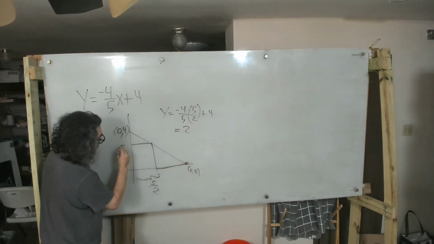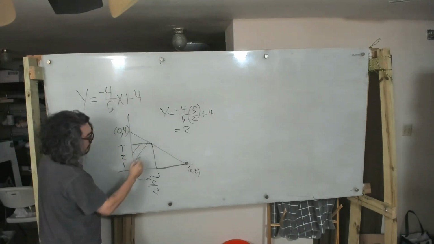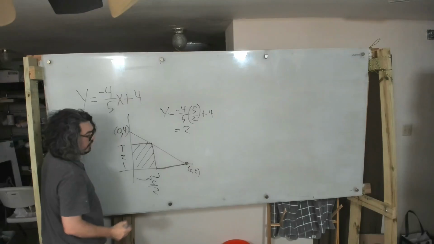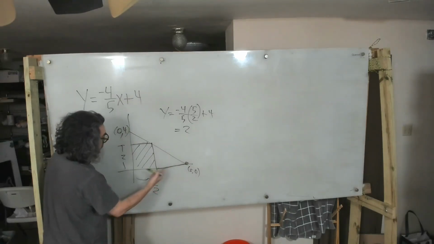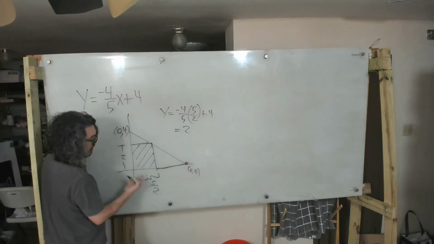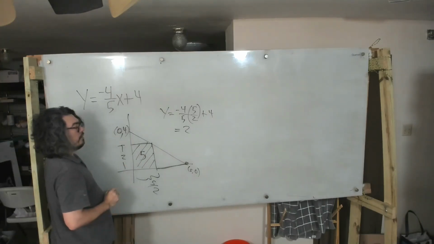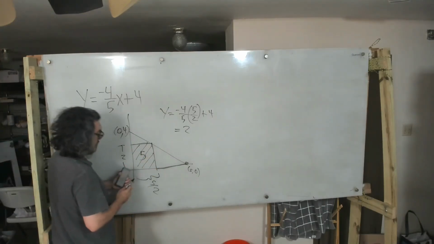So this height would be 2. And so if I were estimating this area by just this rectangle plus this rectangle, again, this rectangle is 0, then basically it'll be the base times the height. So 5 over 2 times 2 has an area of 5. Okay, now obviously this would be an underestimate.